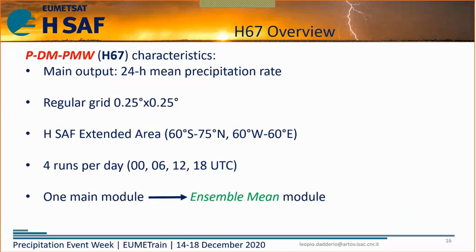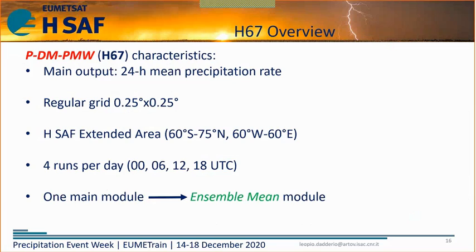So now we can move to the H67 product. Again, the acronym in this case is P-DM-PMW, and the main output of this product is the 24 hours mean precipitation rate.